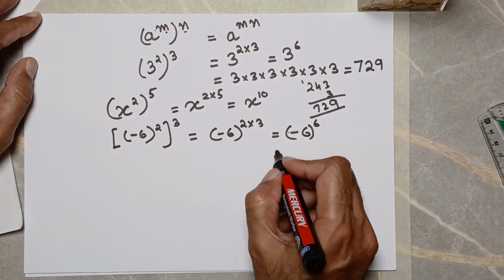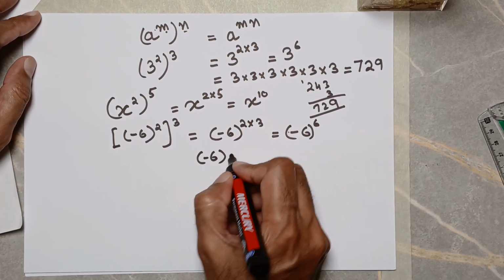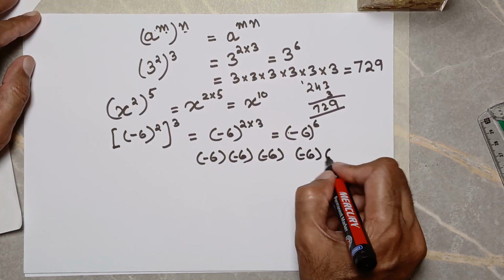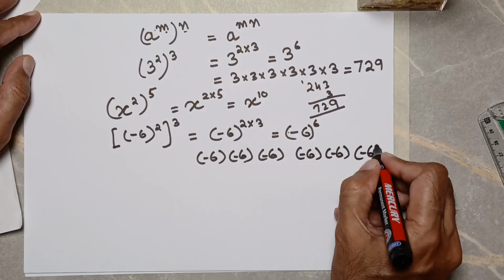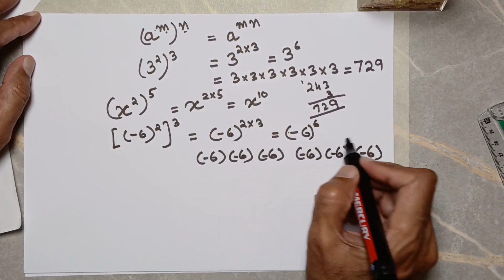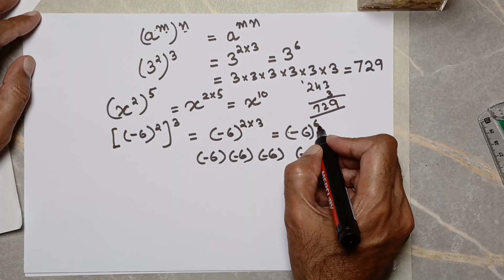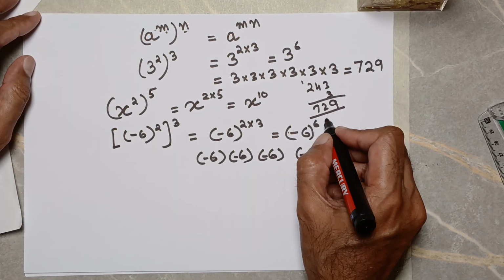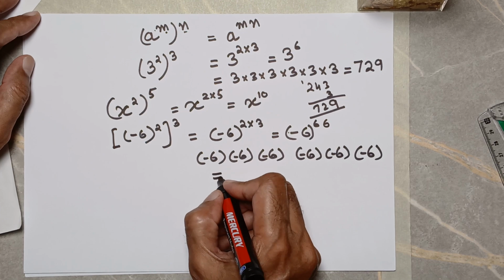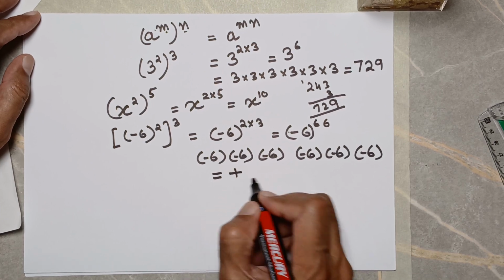You can simply write it as minus 6 multiplied six times. You can calculate on your own. But remember one thing: when a negative integer has a positive even exponent, here it is 6, you will get a positive result.